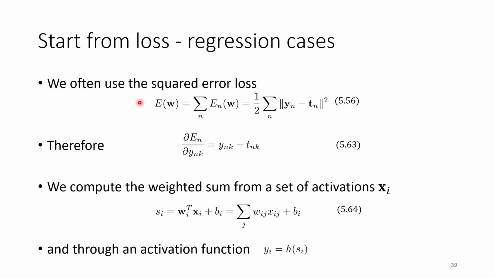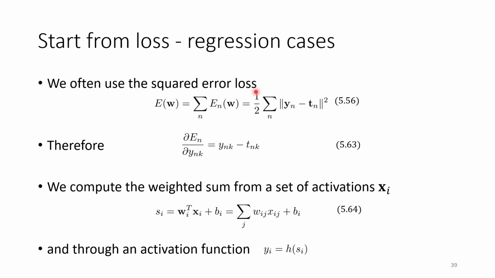Okay, and for a regression task, how do we define the loss function? We usually use the squared error term. What's the definition of the squared error? y is the value generated by our network, and Tn is the target value. We just calculate their difference, square it, and sum them up.